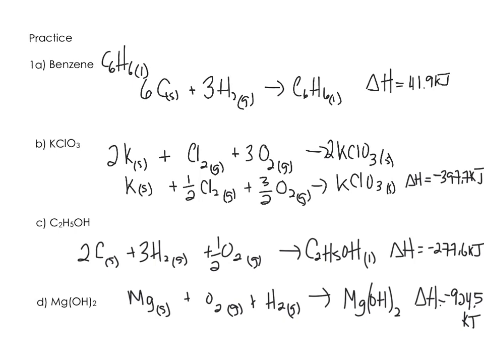So you have 1 mole of product, you have their elements as they exist at room temperature. You can only have 1 mole, so balancing gets a little tricky. And then you put in your energy term, and you find that in a table of standard molar enthalpies of formation.